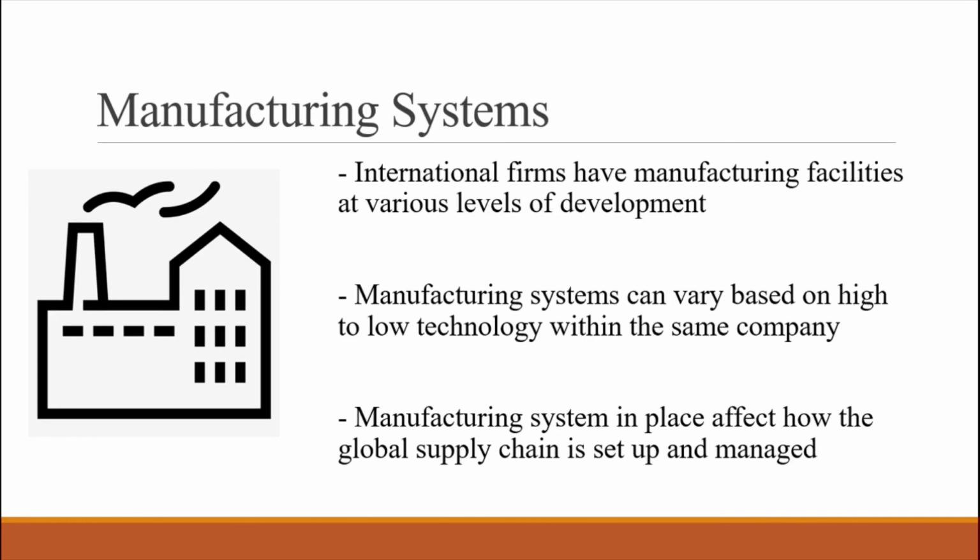A single company may have a combination of plants that range from those with the most advanced technology to those with far less advanced technologies. The manufacturing systems in place within and across a company's international operations can have important implications for the way in which the company's global supply chain is set up and managed.